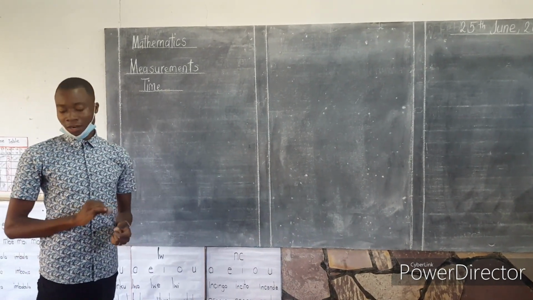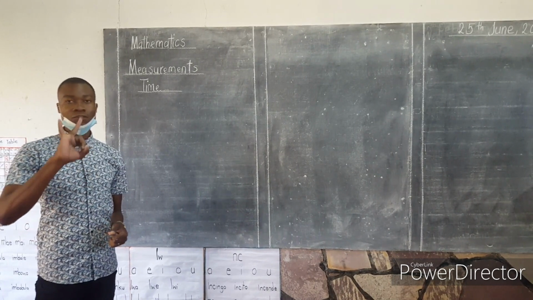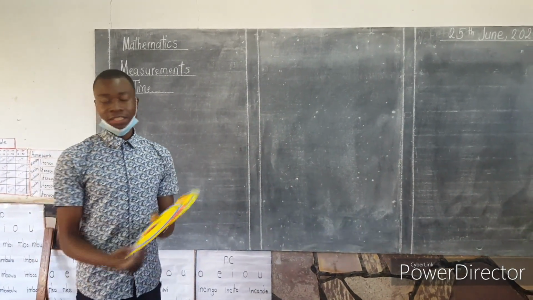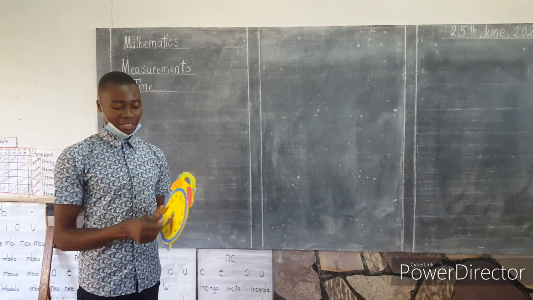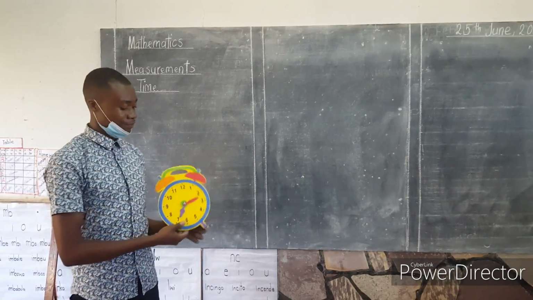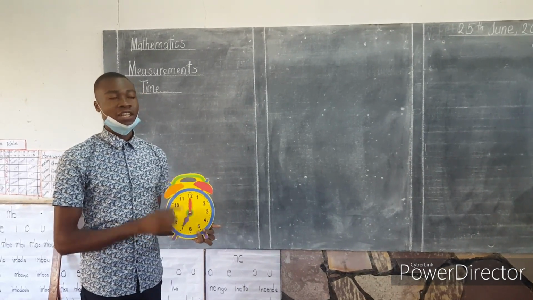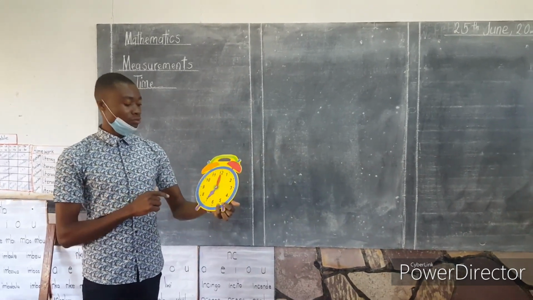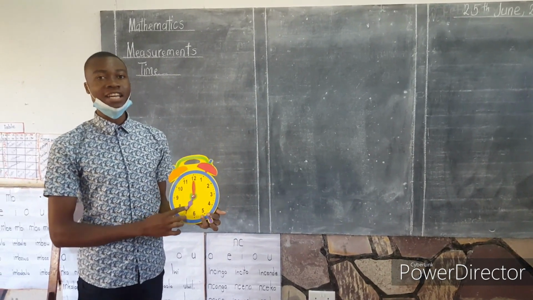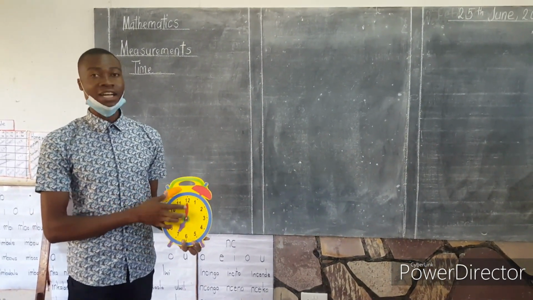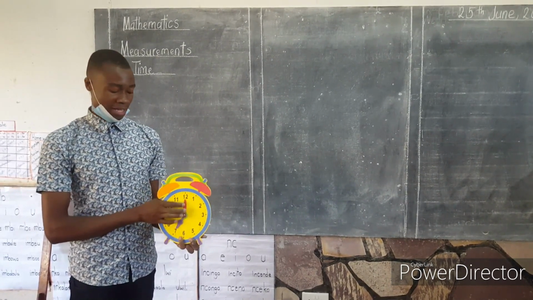But for our lesson today, we're just going to focus on 2 hands. We are going to look at the long hand, which is here, as well as the short hand. In our previous lesson, we said the short hand shows hours, while the long hand shows minutes.